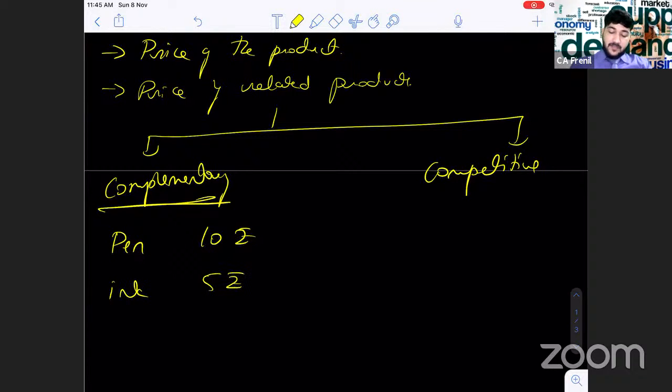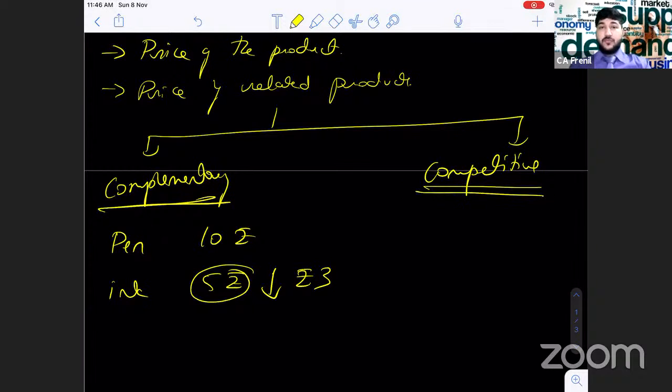What happens if the ink price reduces to 3 rupees? The demand for the pen will increase. If the petrol price reduces by 5 rupees, the demand for cars and bikes will increase. That is what happens. So the fall in the price of a complementary product will lift the quantity demanded of our product. Okay. Now let us discuss the competitive goods.